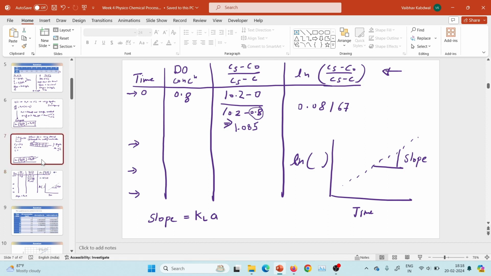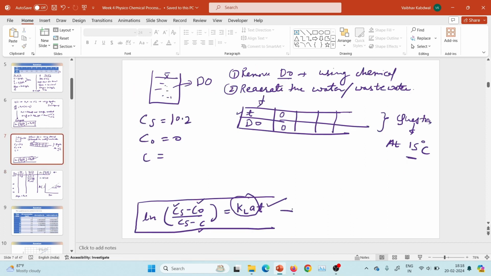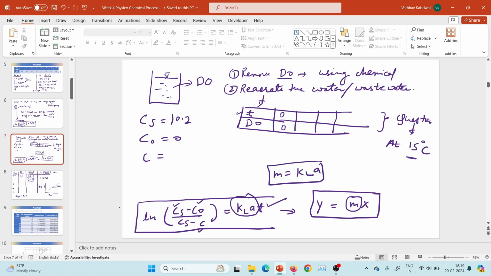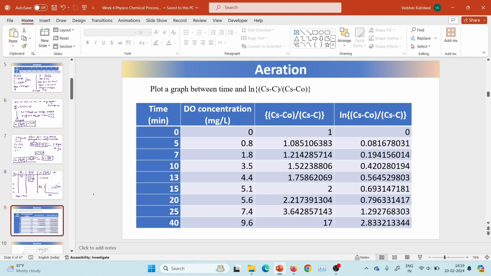How? If you see this equation, it is y equals mx, like that. So m is the slope, so m equals KLA. So this is the data which you will get.